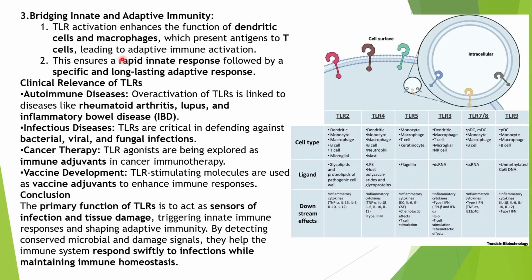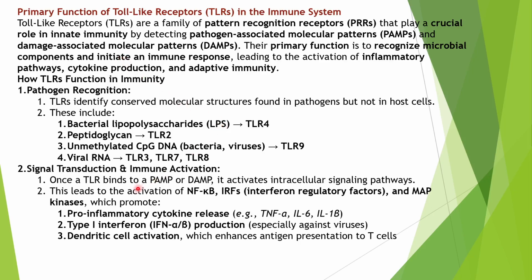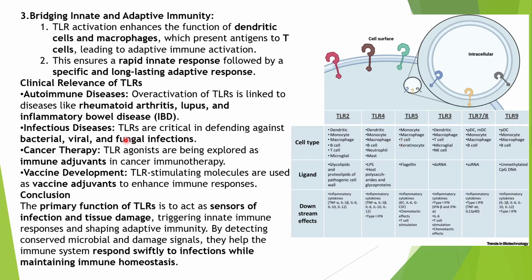Since, as we have seen here, it helps in activation of pro-inflammatory cytokines, interferons, and activation of dendritic cells, if there is any dysfunction or dysregulation of this, it will lead to overactivation of these things. And also it should be very specific in recognizing these patterns on pathogens only and not in host cells. In case it detects some patterns in host cells, then it will lead to autoimmune diseases.